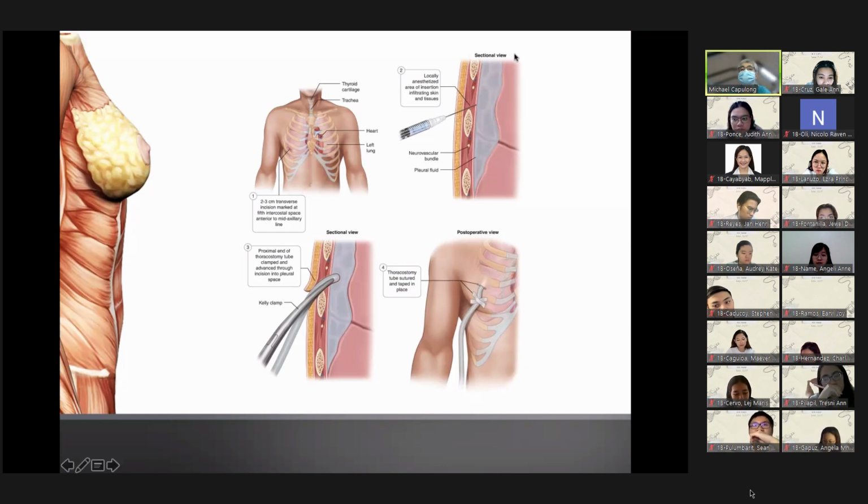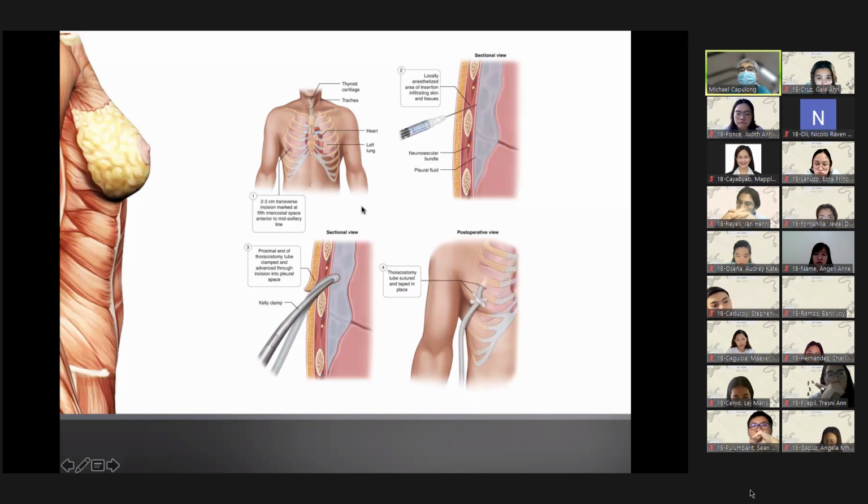Now, what we do is put the tube either in your fourth or fifth intercostal space, anterior axillary line, so that you can see here, this is the site of incision. That's why I told you it's very important to note the level of your nipple, because we use this as a guide.